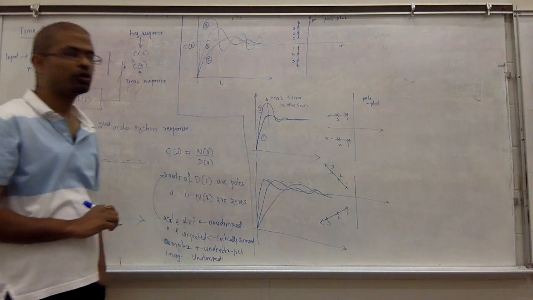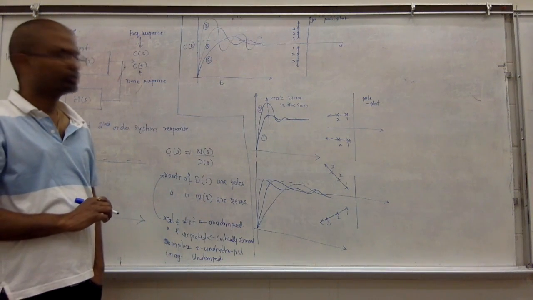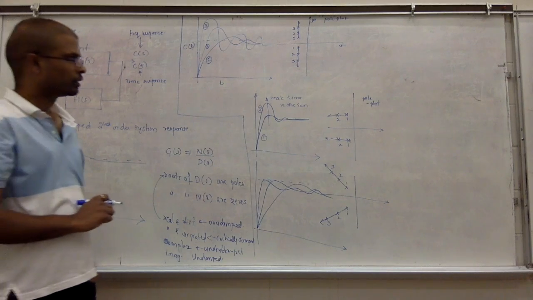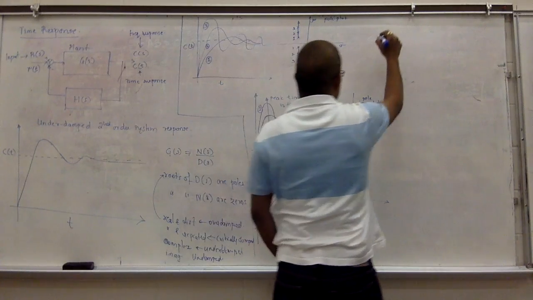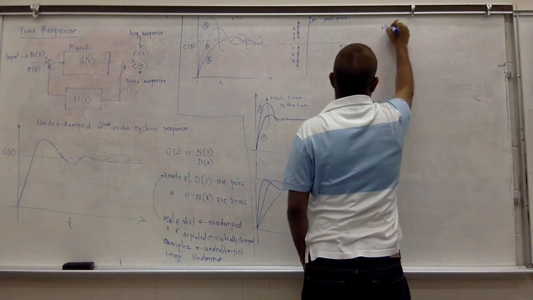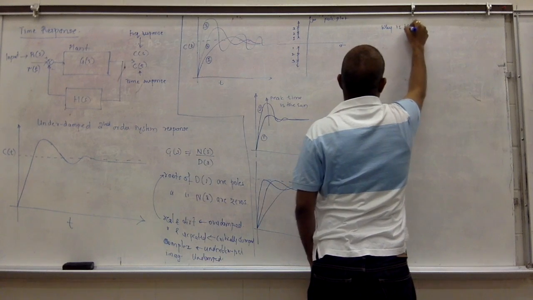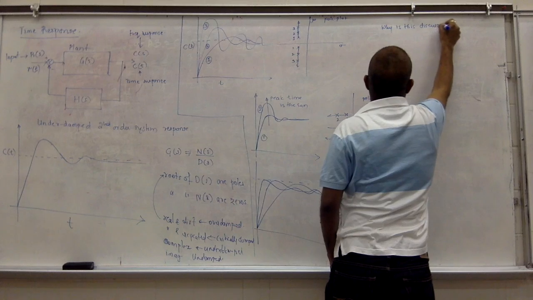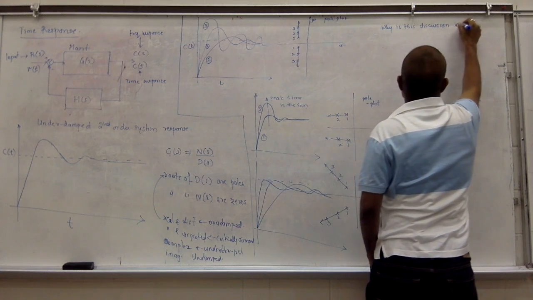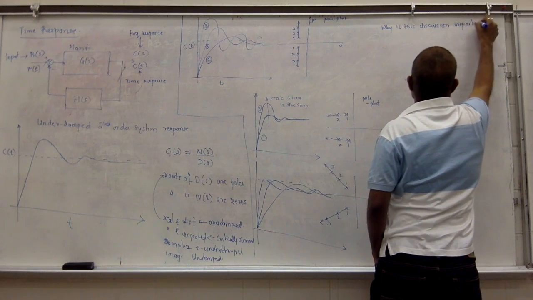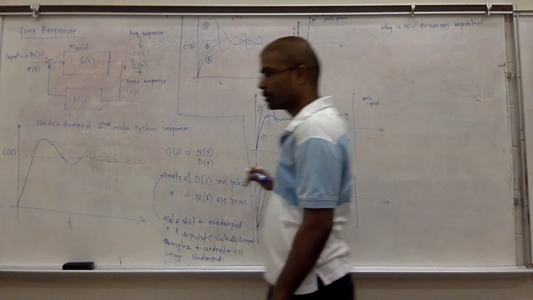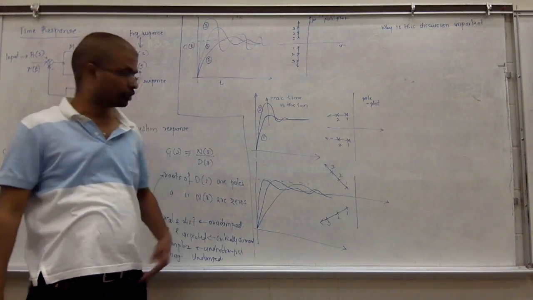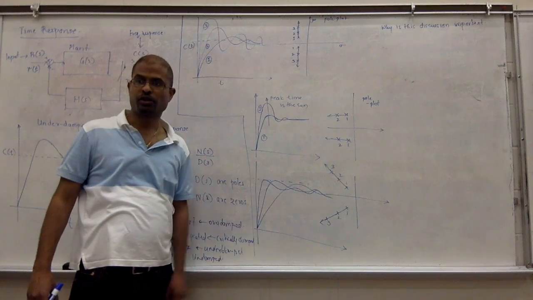The percentage overshoot will be the same if you vary both of them. Now this is important. Why is this important? What are you saying is the same? The percentage overshoot is the same. The peaks are the same.